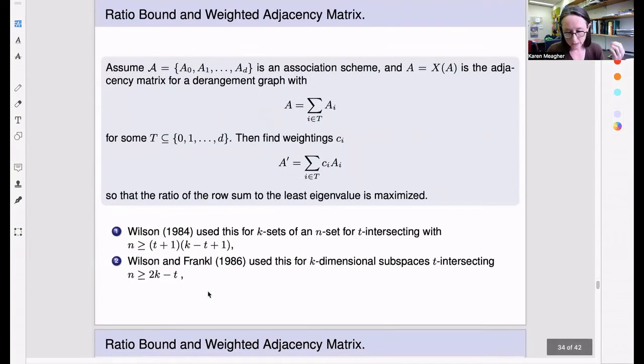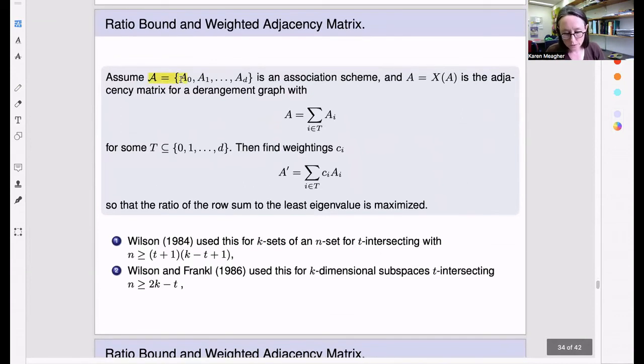Okay, so in a lot of these cases, if I'm holding on to an association scheme and my adjacency matrix is a sum of matrices in my association scheme, what I can do to find my weighted adjacency matrix is put weightings and keep them constant on the matrices that are in the association scheme.